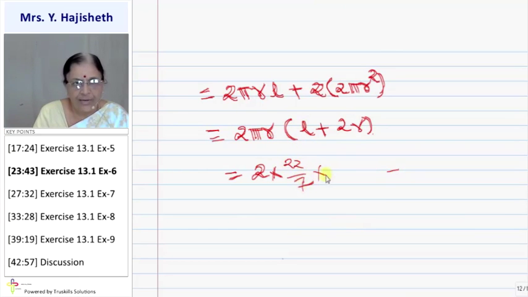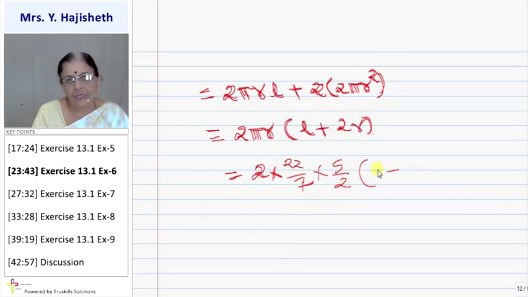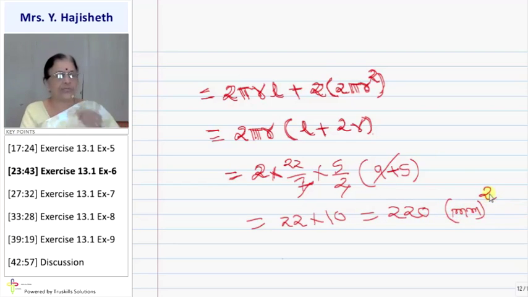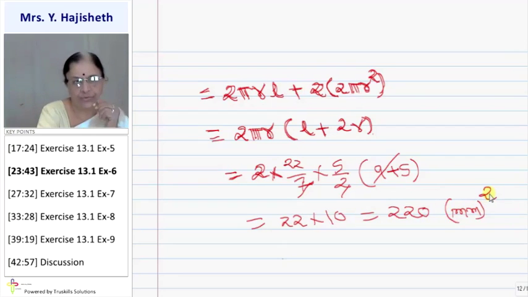For R you write 5/2. L plus 2R, so 9 plus 5, 14. So this 14 and this 7 and 2 cancel each other. So it is 20 into 10. So it is 220 millimeter square. This is the total surface area of this capsule.